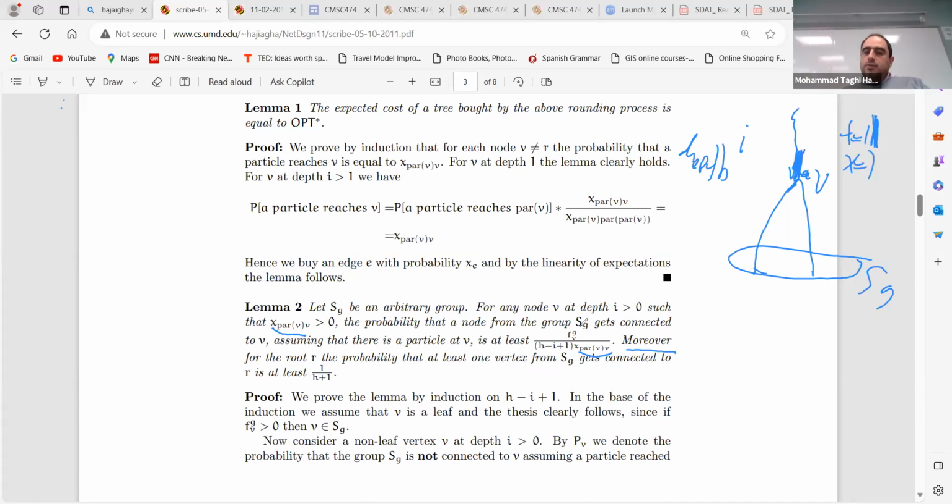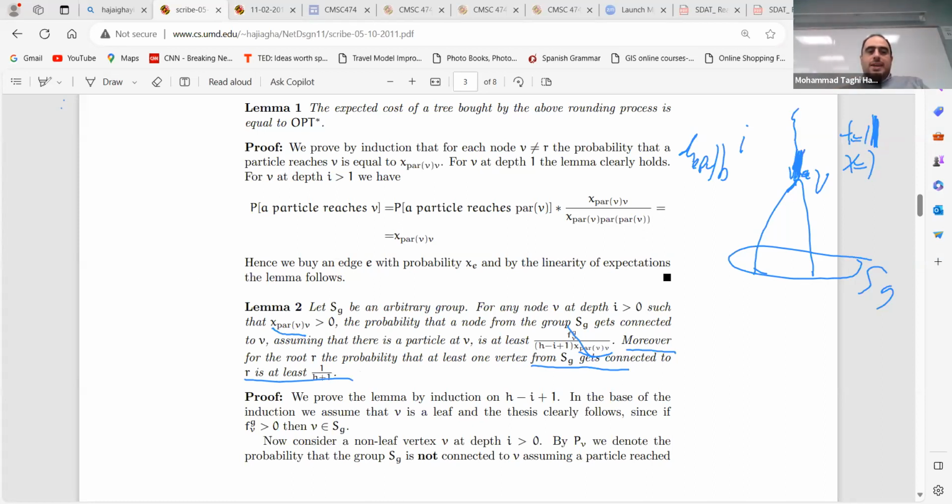So both of these would be 1 and cancel out. And then the only thing left would be 1 over H, or H plus 1, doesn't matter. So it means that from the root R, the probability that at least one vertex from S_g gets connected is 1 over H plus 1. Good. This is essentially the heart of the proof.